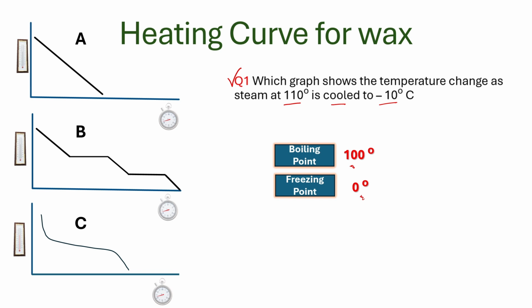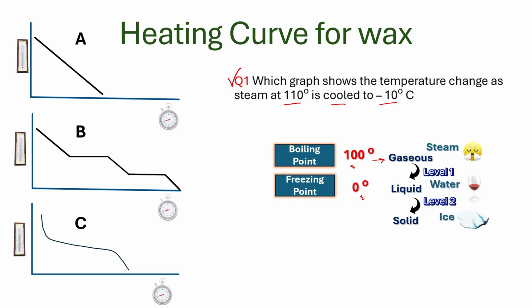This means that at 100 degrees centigrade, the water is in the form of a gaseous state, that is steam. So when it is going to cool, it's going to change from gas to liquid and from liquid to solid. So if we are cooling it till minus 10 degrees centigrade, the curve must show 2 levels as it is shown in B.